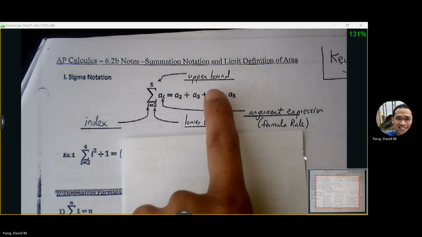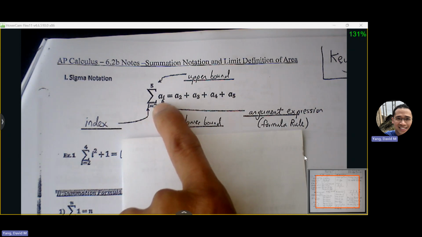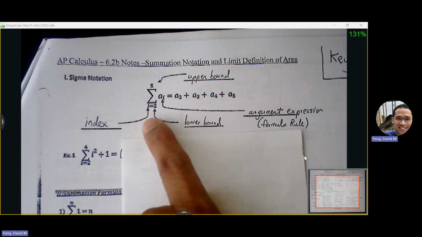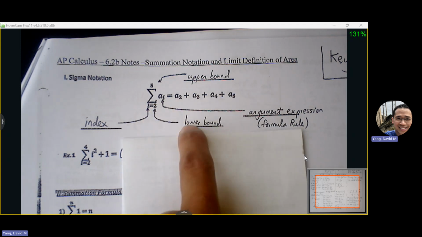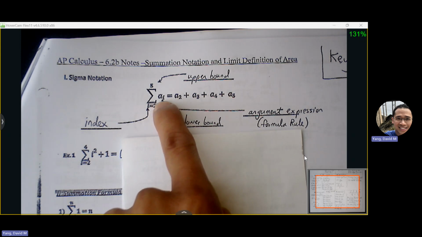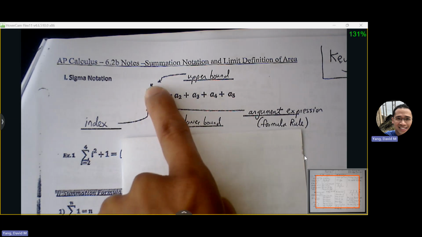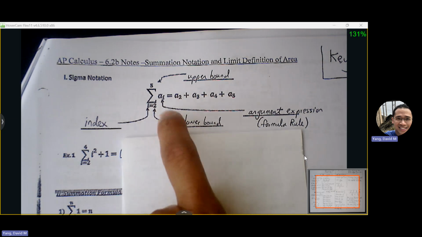So if I have a summation, that sigma just indicates I'm adding a bunch of a sub i terms, and my index indicates the variable that I'm going to be plugging in. The lower bound is always the smallest value that I plug into my expression, and that summation just means I'm going to continually add every term until I reach my upper bound. That's going to be my final i value that I plug in.